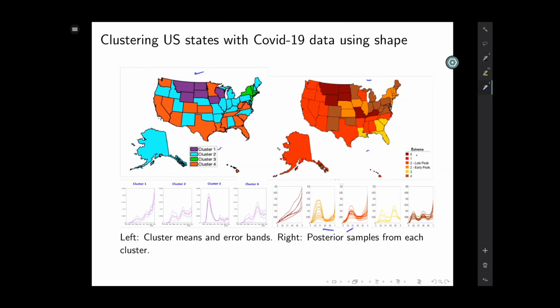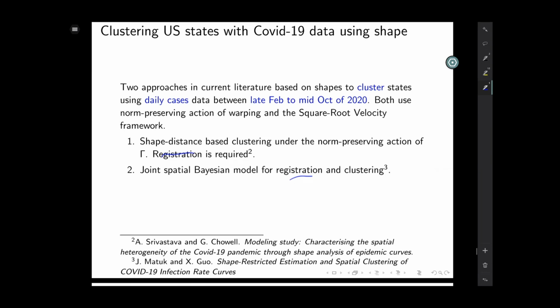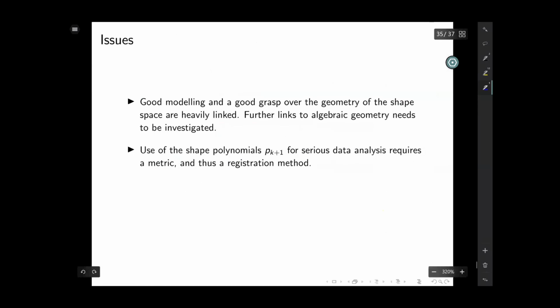But I do wish to emphasize that both these approaches, you had to do some registration. It wasn't avoided like I gave an example in the previous case. Because in order to actually find distances between shapes, you have to do some registration in order to define a valid distance. So that is not something which you can avoid in these two cases.